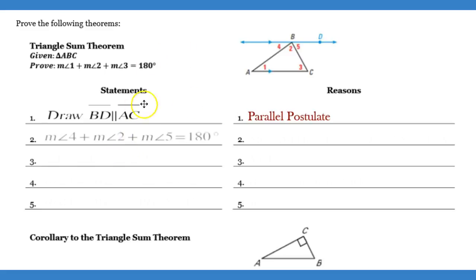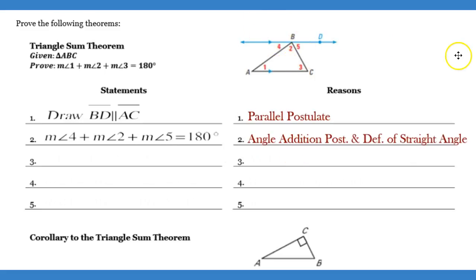So therefore, I know that when I add these three angles together, they should equal 180. Therefore, the measure of angle 4 plus the measure of angle 2 plus the measure of angle 5 equals 180 degrees. That's our angle addition postulate, because I know I can add the three angles together. But it's also the definition of a straight angle, understanding that a straight angle is 180 degrees.